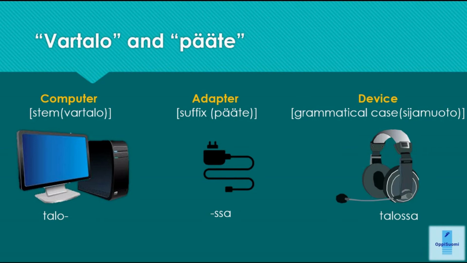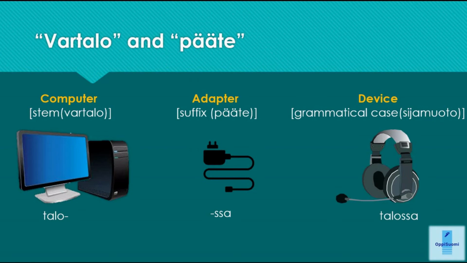When we connect a device to the computer through the adapter, it becomes active and runs a program. So this computer acts as the stem, the Vartalo. The device is the same as the grammatical case, and that adapter is like a suffix, pääte. I think now you get a little idea about what pääte is and what Vartalo is.